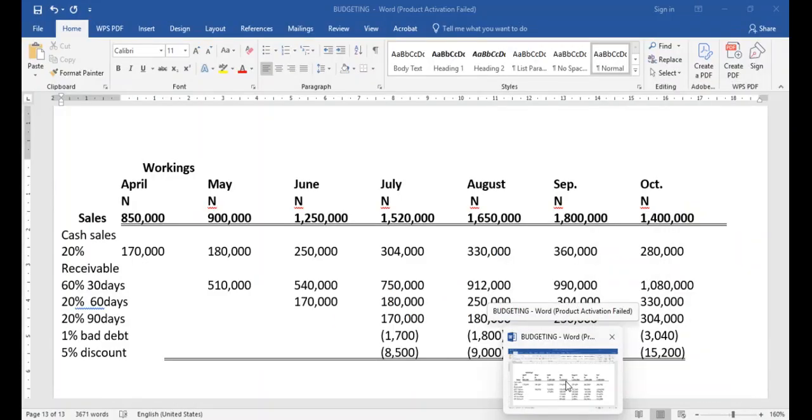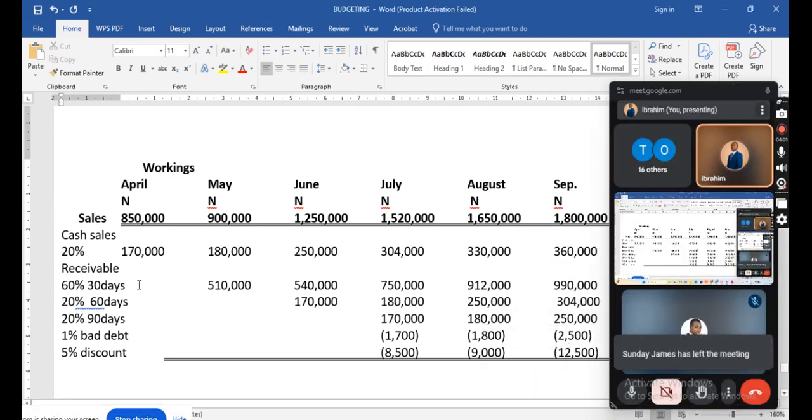So let's check this again. 60% of 850, we have 510. Sir, that's why we said 60% of 850.